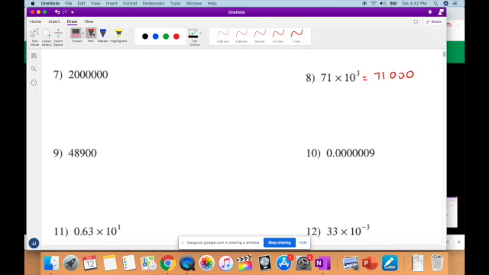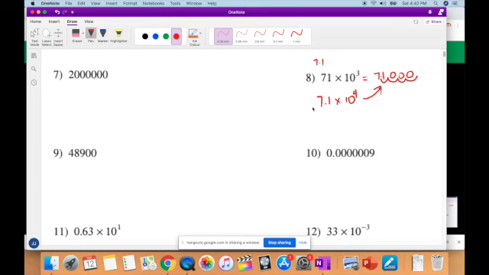You're okay up to there? Alright. So from the 71,000, I know I want to end up with 7.1. So I could take this point and move it back 1, 2, 3, 4. And so 7.1 times 10 to the 4 will give me this.